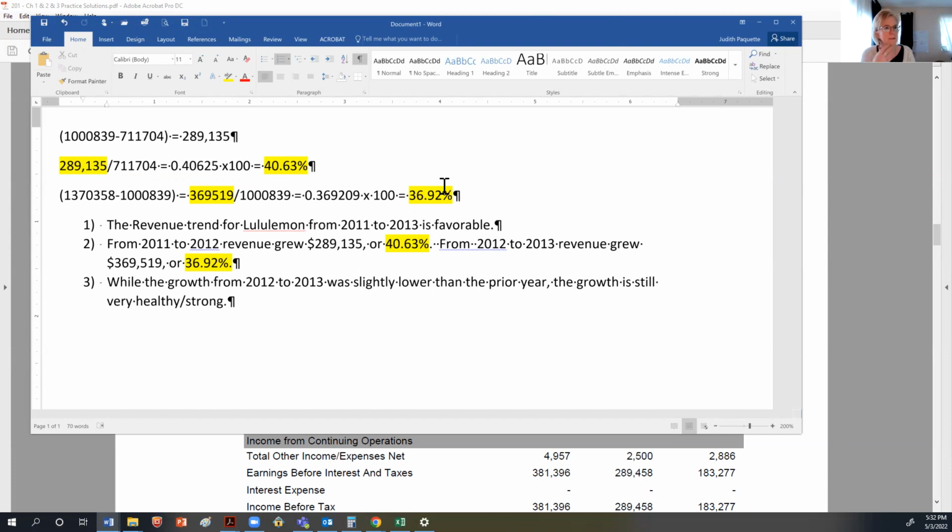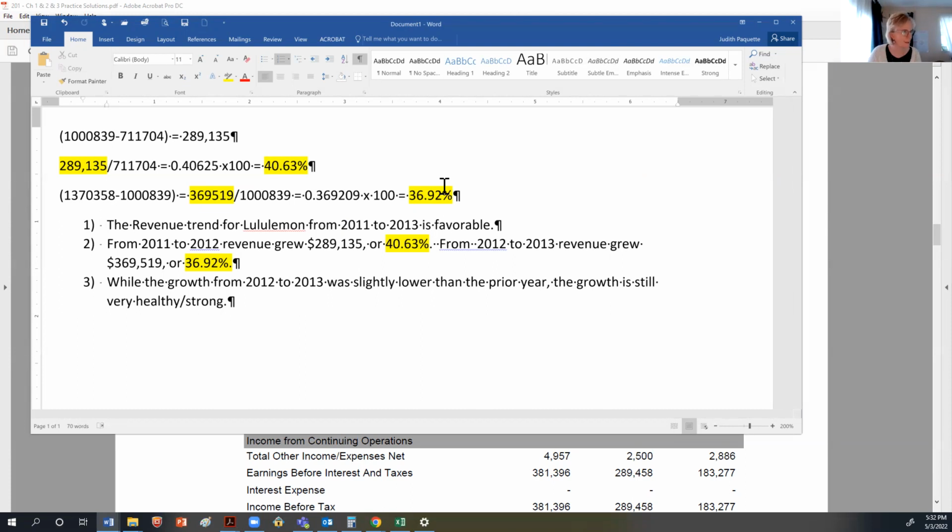It would be neutral. But if you grew 2% one year and 3% the following year, that'd be a favorable trend. I mean, that's like a 50% growth rate, 2 to 3. So it should make sense to you that you want sales to go up and you want income to go up.